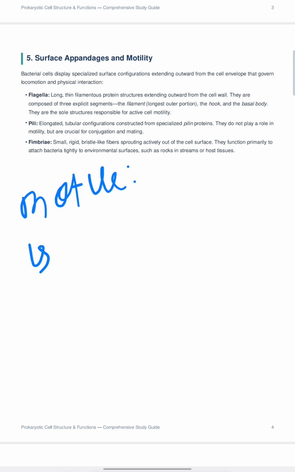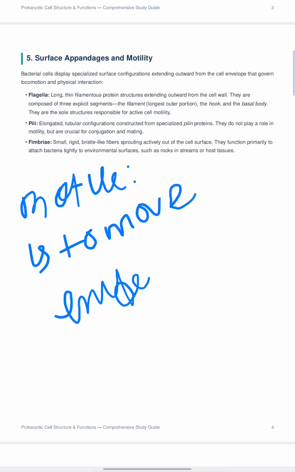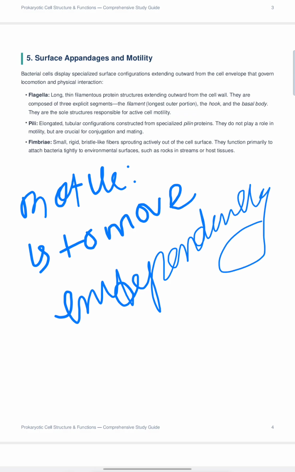Motile means the capacity of an organism to move independently. Bacterial cells display specialized surface configurations extending outward that govern locomotion and physical interaction.